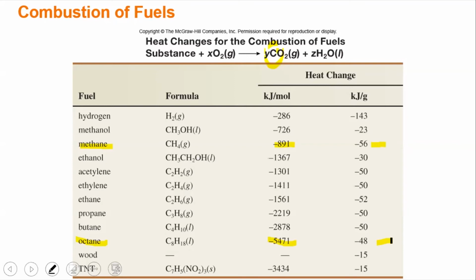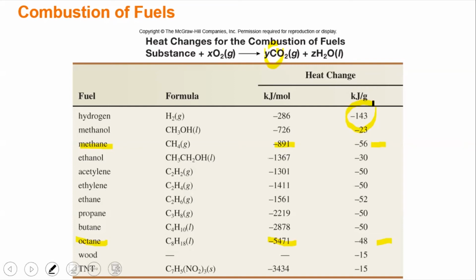Now, I want you to look for a moment at hydrogen at the very top. And look at the amount of energy you get per gram of hydrogen. It's almost 3 times per gram what you get with octane.